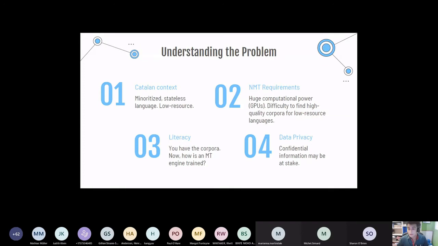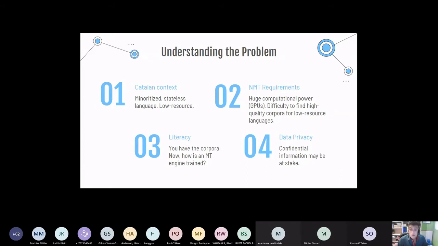A normal translator, for example me, who has been working as a translator for 4 years, could build my own machine translation system using different systems, such as, for example, M-Tradomatica. But now, NMT, or neural machine translation, requires huge computational power, GPUs that are not available to normal translators or small groups of translators.